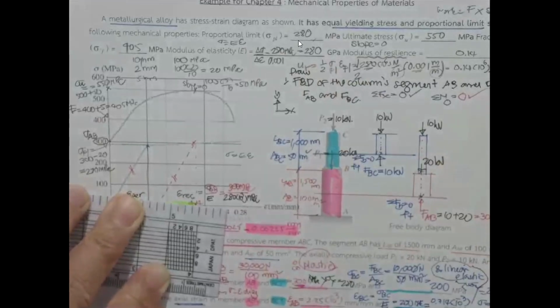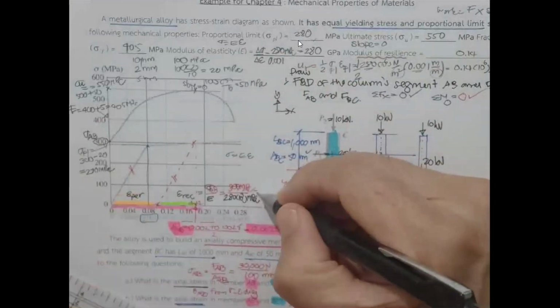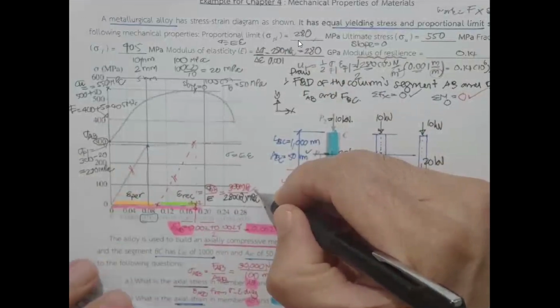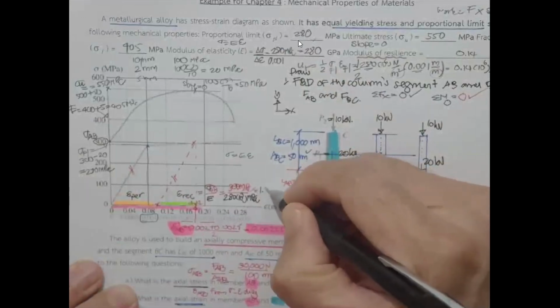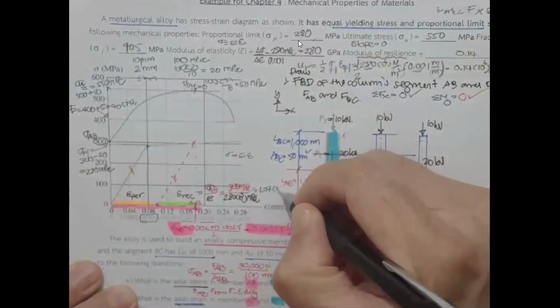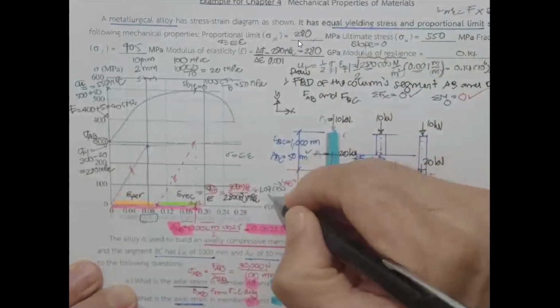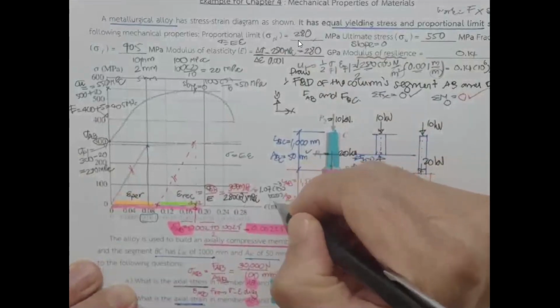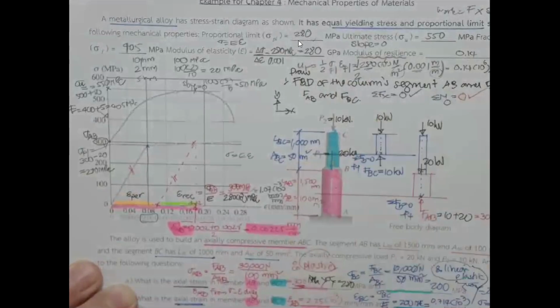Okay, after you divide it, you will get strain recovery to be 1.07 times 10 to the minus 3 millimeter per millimeter.